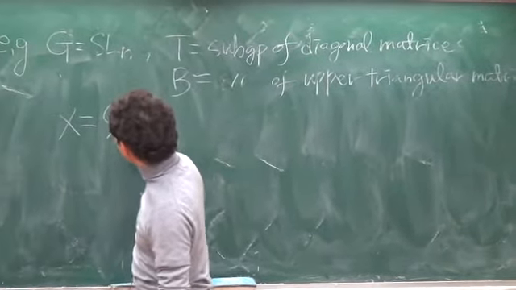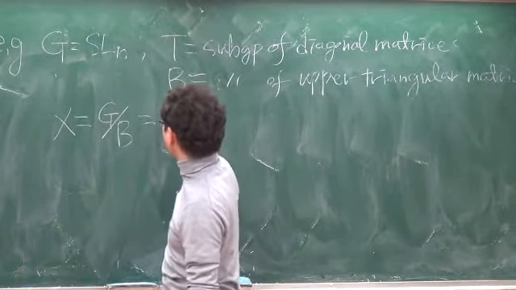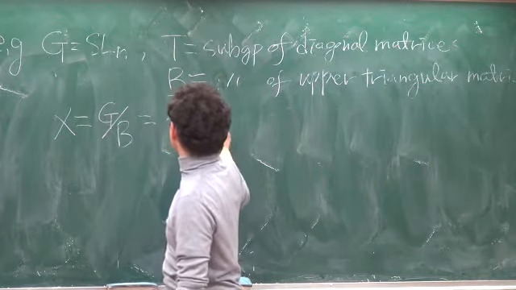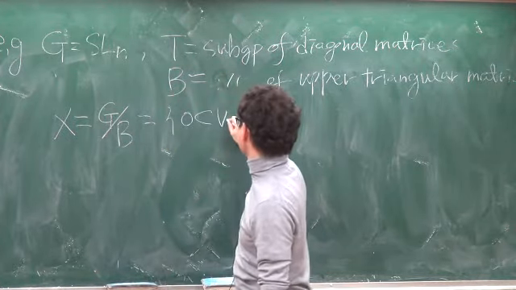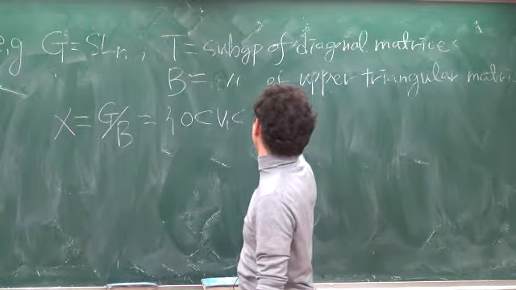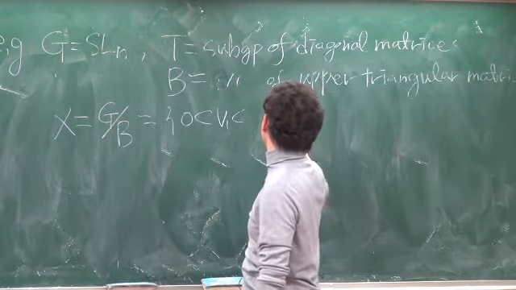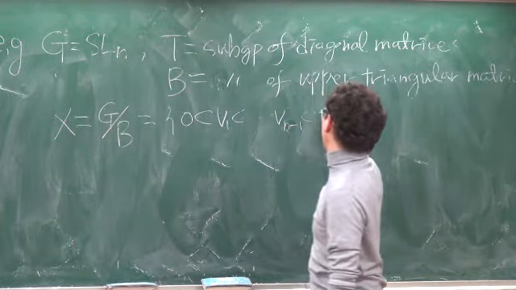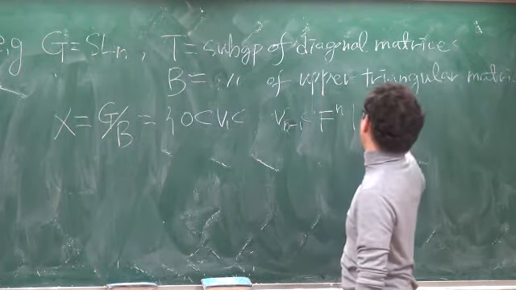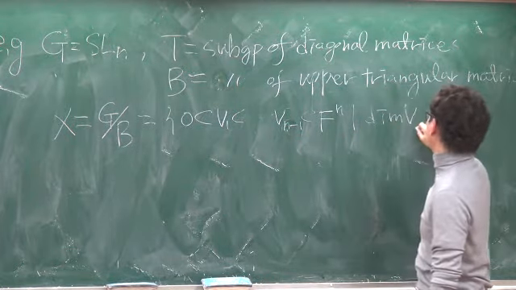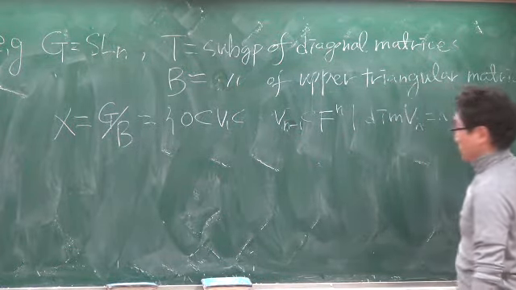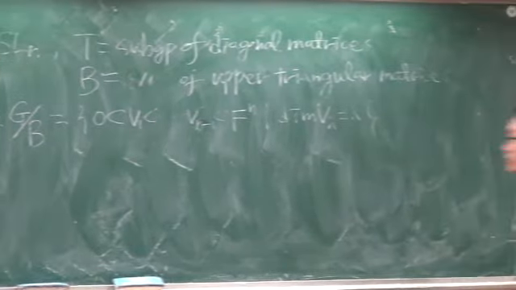The projective homogeneous variety G mod B is the complete flag variety, which is the sequence of vector spaces.